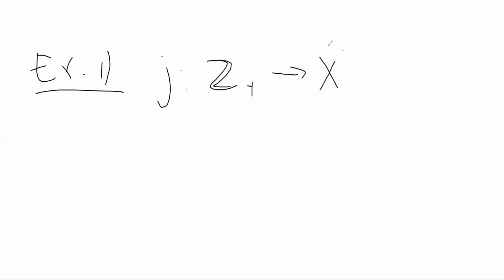So exercise 1, also feel free to open your books because my handwriting is bad. Define an injective map G from Z plus into X^ω, where X is a 2-element set, without using the choice axiom.